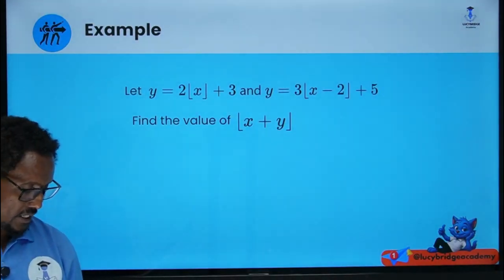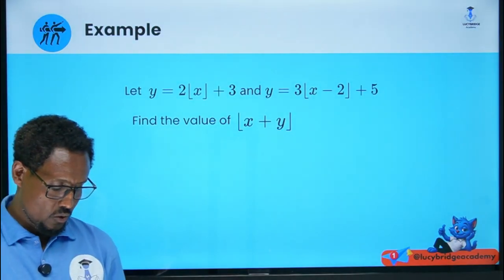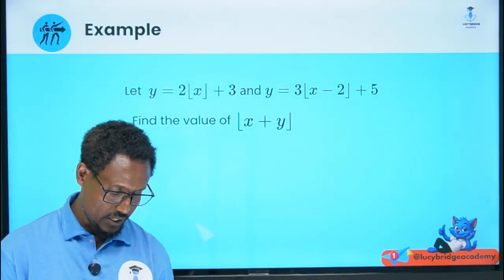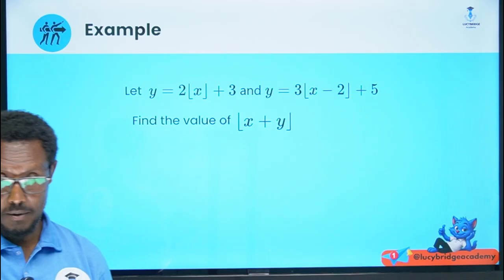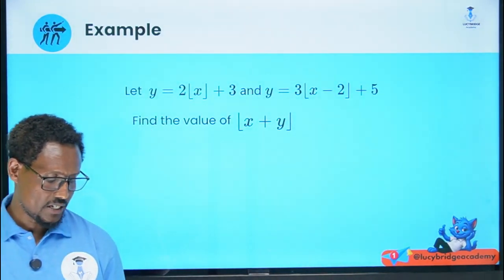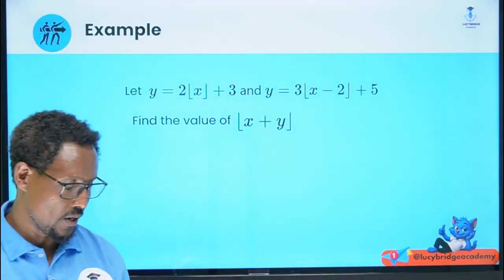Okay, next. Let y be equal to 2 times the floor of x plus 3, and y be equal to 3 times the floor of x minus 2, plus 5. Find the value of the floor of x plus y.